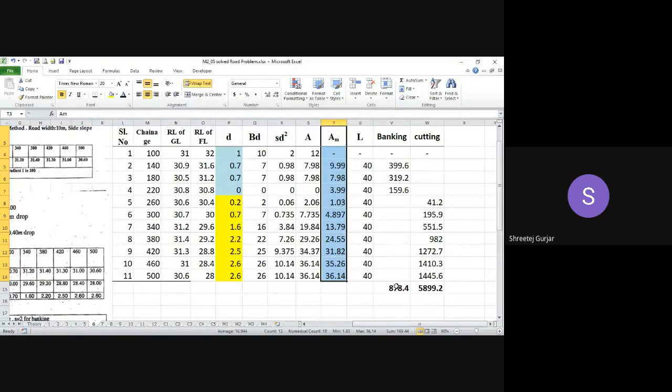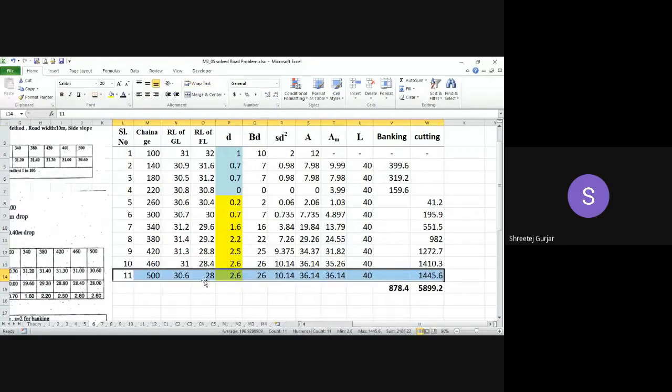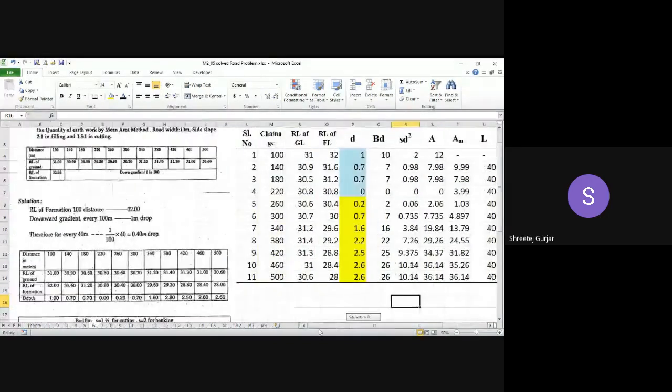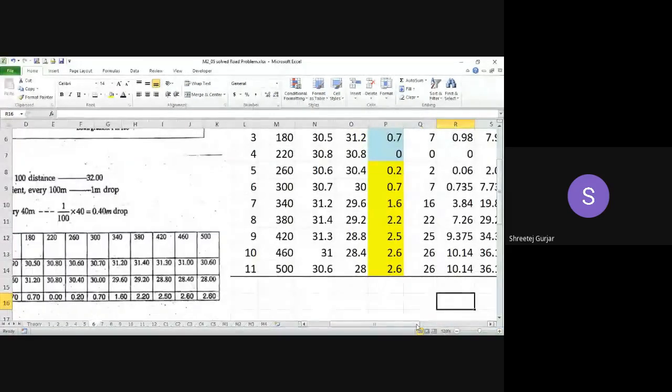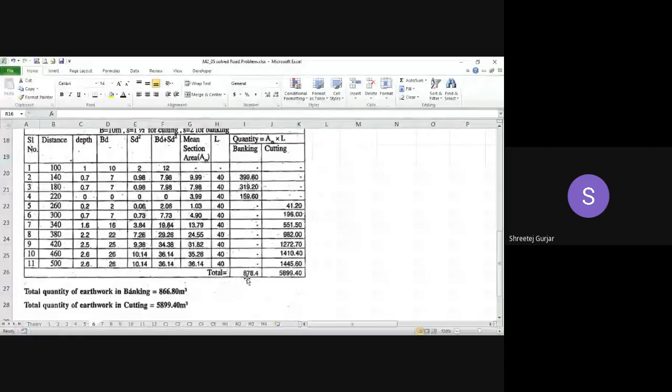Okay. So is this numerical clear, guys? I hope you have understood. Easy, right? Very easy. I've understood, guys. No problem in calculation. You can observe what is the answer that is calculated by them. 878 and 599, right?